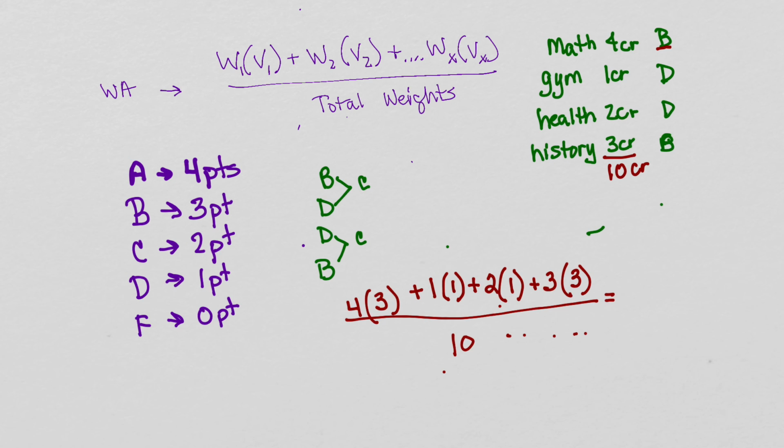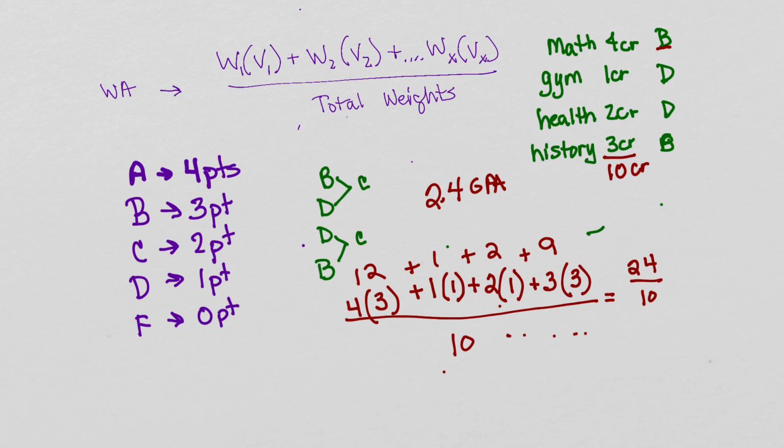So we have 4 times 3 is 12, plus 1, plus 2 times 1 is 2, plus 3 times 3 is 9. So we have 10, 22, 24 divided by 10, which gives us a 2.4 GPA.